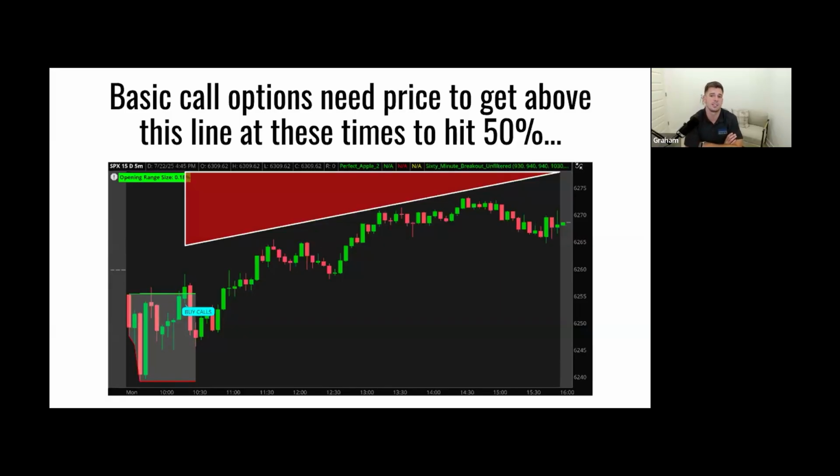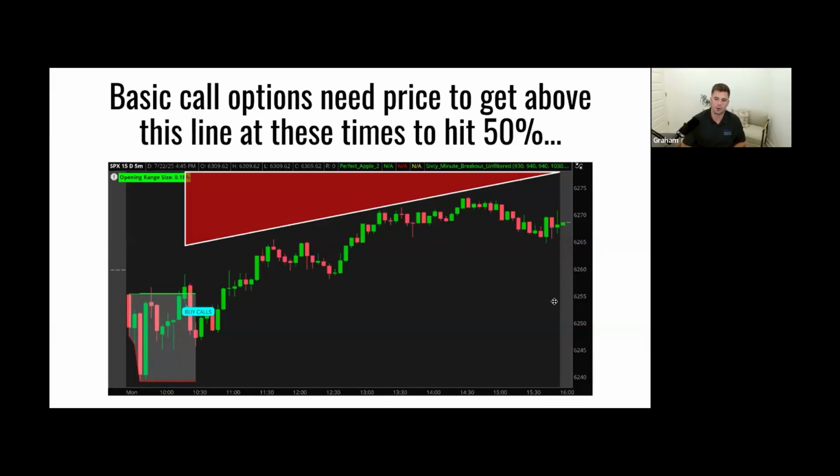Basic call options need price to move faster or to move more to hit their target, because of the way time decay works. Imagine this is your zone to hit a 50% target. If you have a call option, if it makes a decent move fast, you'll hit your target. But as time goes on, you'll need a bigger move.